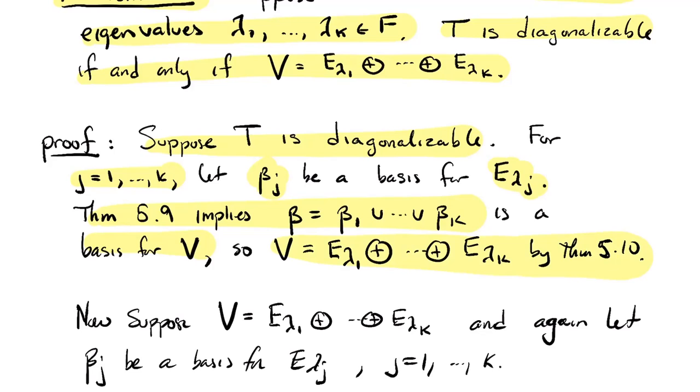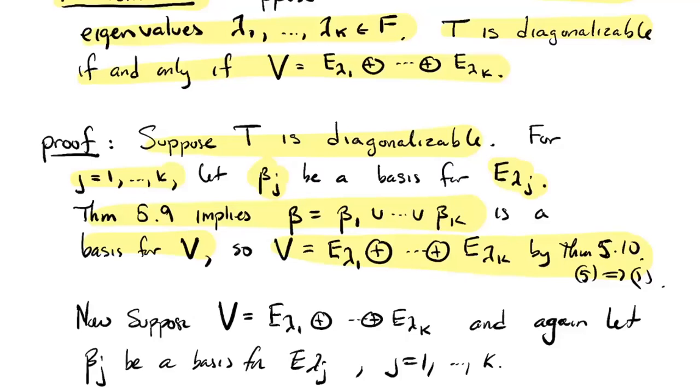That's by theorem 5.10, and in particular, it's the implication that the fifth part implies the first part.